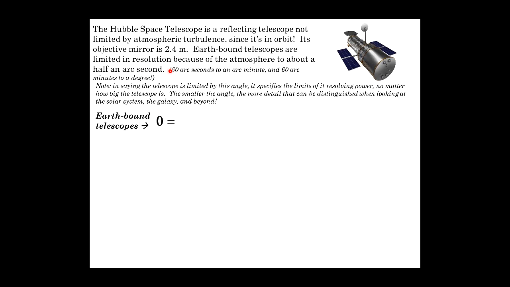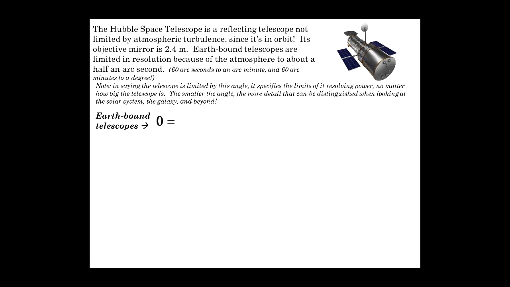So half an arc second, 60 arc seconds in a minute, 60 minutes to a degree, so it's a really, really tiny angle. And that's going to tell us how good the telescope can do. If we can get a smaller angle, half an arc second is pretty small, but even smaller, we'll be able to see separate stars with smaller angles between them. And that's the goal. You can see more stuff out there.